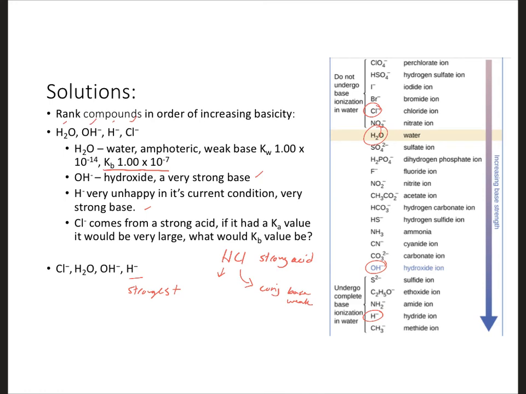We don't get that reverse reaction where Cl is starting to pull protons back off of water or hydronium ions. So Cl is going to be the weakest. Okay, so we'll rank them Cl minus, H2O, OH minus, H minus from weakest base to strongest base. Again, in relative terms.